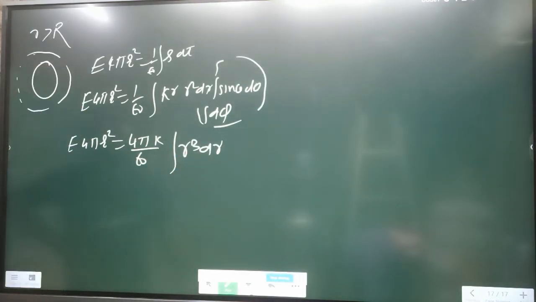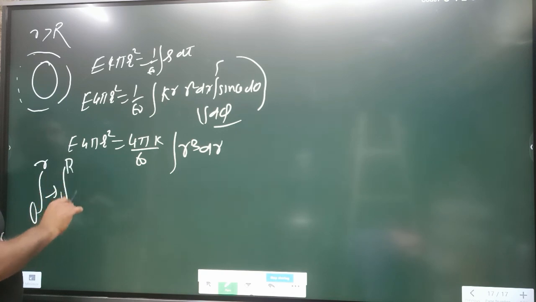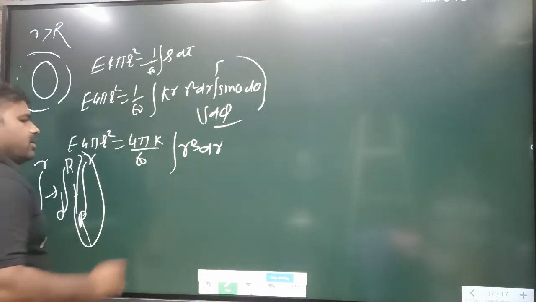But here the limit is important. The limit outside, 0 to small r, can be written as 0 to capital R plus capital R to small r. From capital R to small r there is no charge element, so that part is 0.